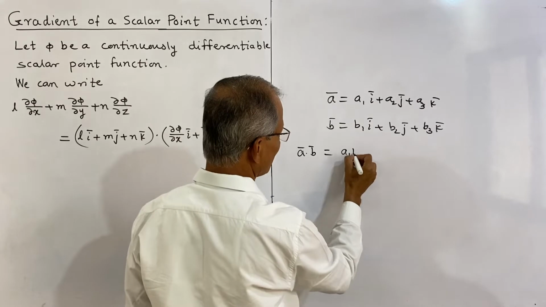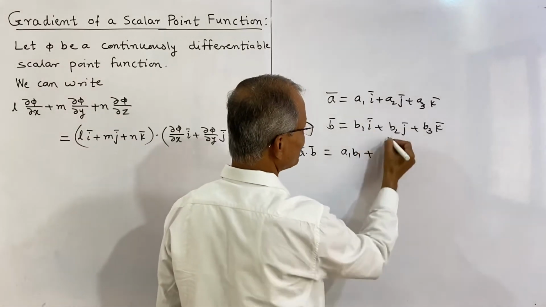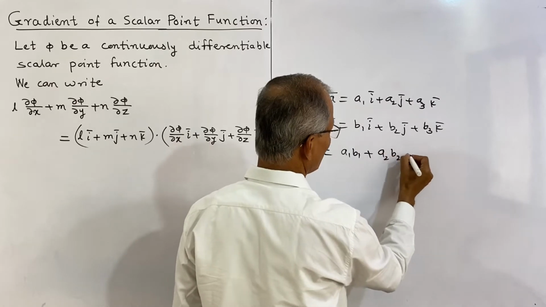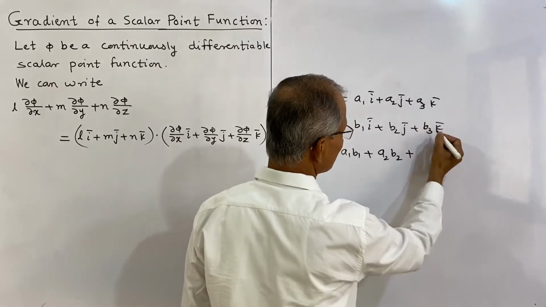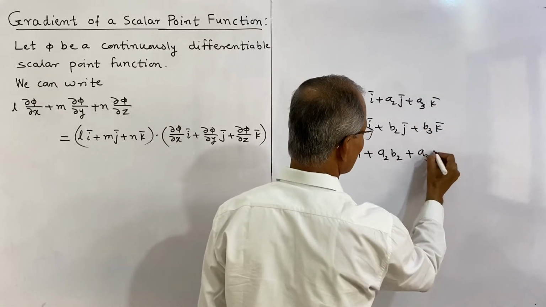That is i component into i component, plus j component into j component, a2 b2, plus k component into k component, since k dot k is 1, it is a3 b3.